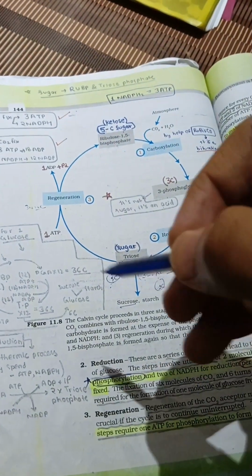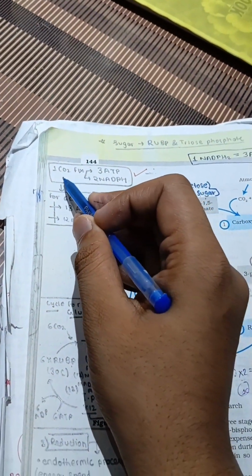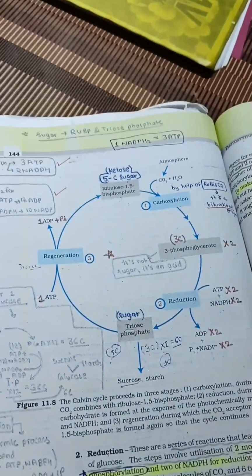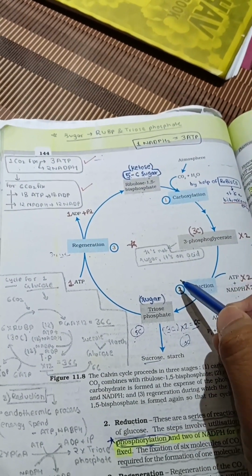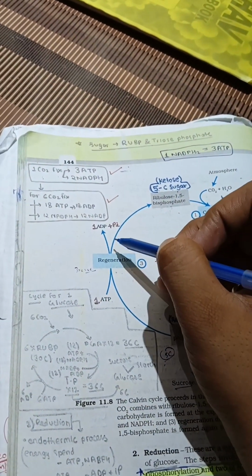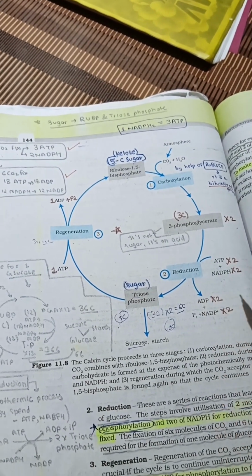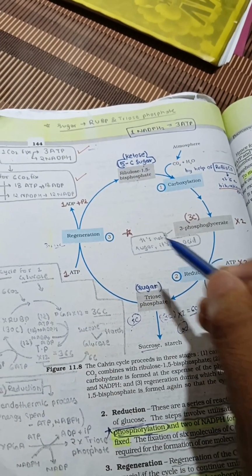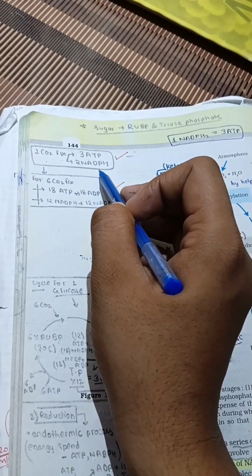That's the whole process. Now if we summarize it, for 1 carbon dioxide fixation we need 3 ATP. How 3 ATP? 2 ATP from the reduction process and 1 ATP from the regeneration process, and 2 NADPH, which come from the reduction process. So 1 carbon fixation needs 3 ATP and 2 NADPH.